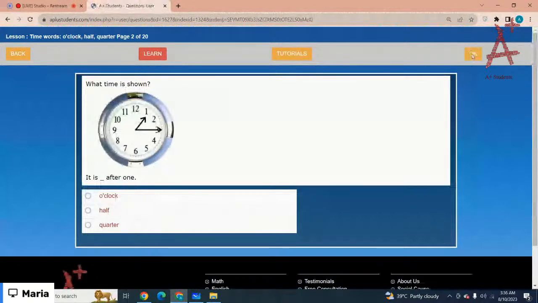Yes, it is 1:15, quarter after 1, right? 15 minutes means quarter, so it would be quarter after 1.